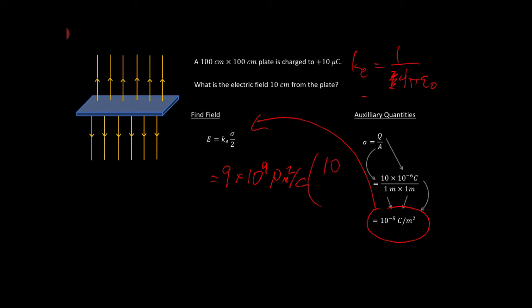Sigma is 10 to the minus 5 coulombs per meter squared. And then 2 has no units, so we'll just divide through those things. That's 4.5, right? And then we have 10 to the 9th times 10 to the minus 5, so 4.5 times 10 to the 4th.